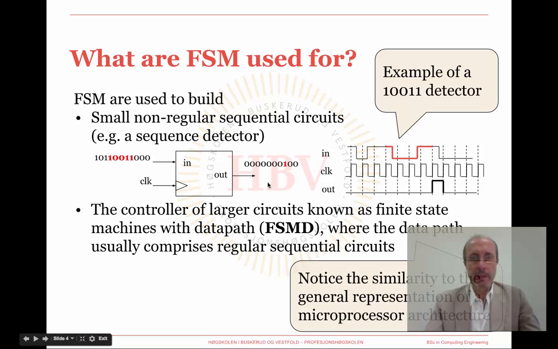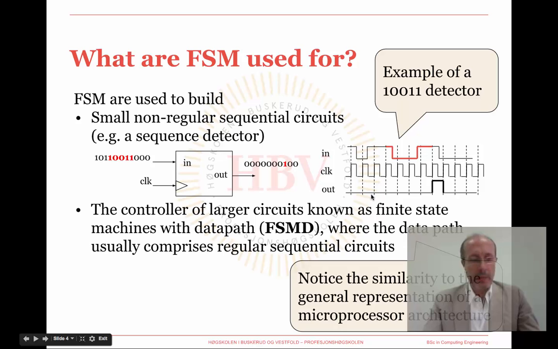A sequence detector, as illustrated here, is a good example, and you may try to draw a state diagram for a one input and one output circuit that is capable of detecting when the input bit stream, represented here on the left, comprises the pattern 10011 highlighted in red. The behavior of this finite state machine can also be illustrated through its timing diagram that I have represented on the right.